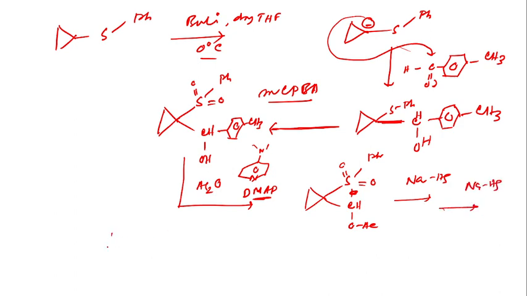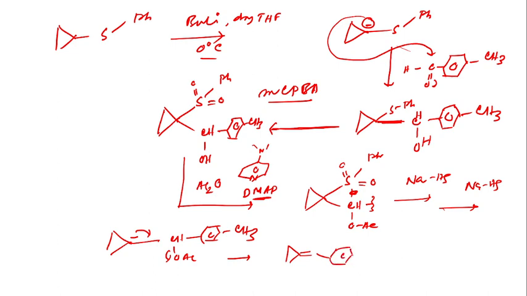So we'll get 2 electron transfer. So this is CHOAc, and here we have this group, CH3. This is minus, SO2Ph is going to leave. As a result, we have this double bond, this one. As simple as that. This is only olefination.